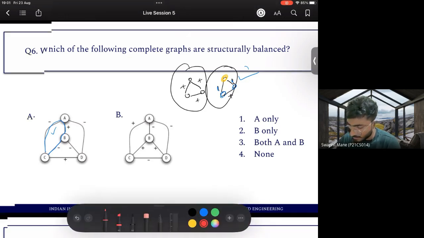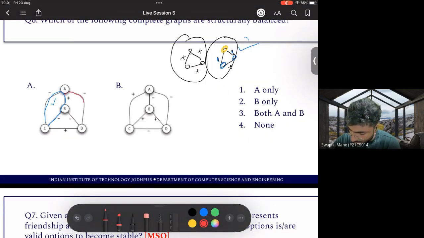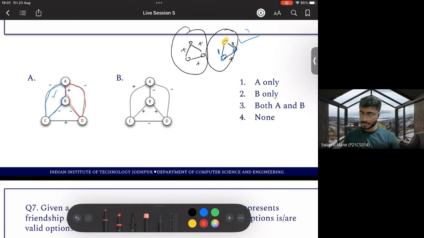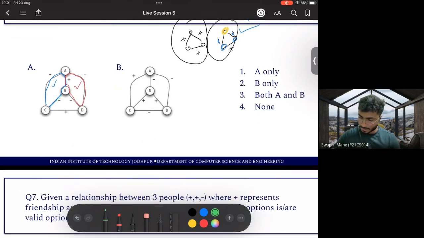Let's see another triangle, ABD. Here too there are two negative edges and one positive edge. This is also structurally correct. There are three triangles possible here. Another triangle is also structurally balanced, with two negative edges and one positive edge. So the overall network is a structurally balanced network.